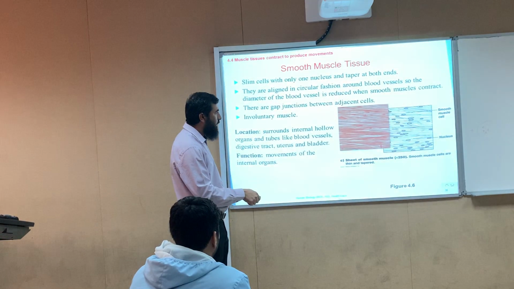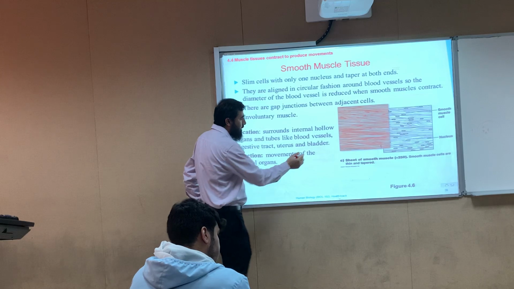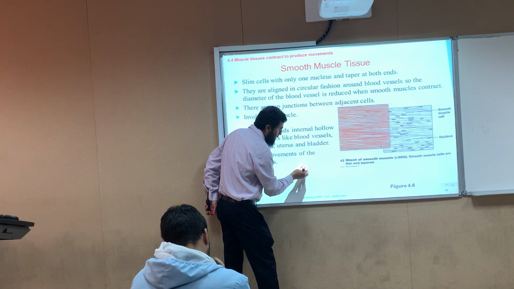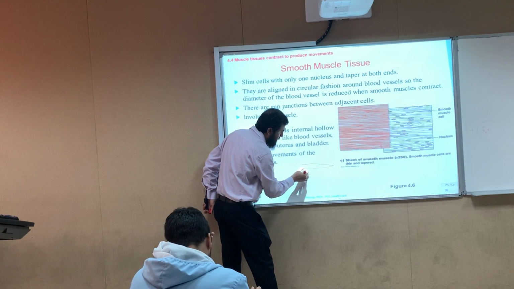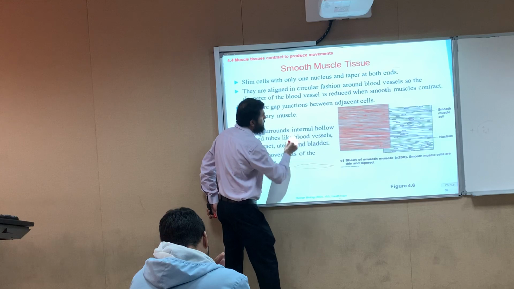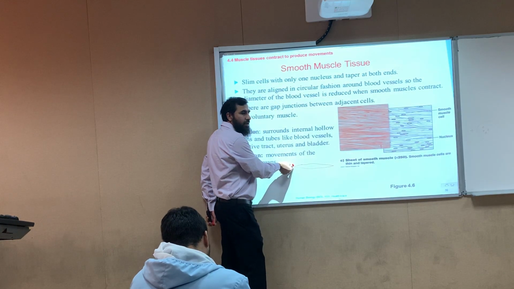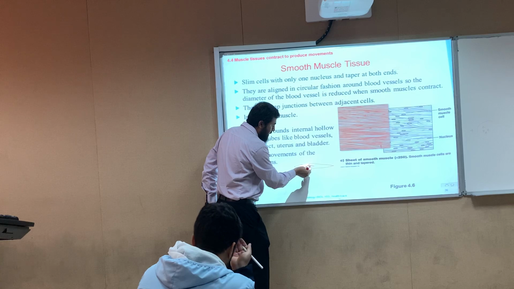It has one nucleus, but the cells here are not branched. They're arranged in a parallel fashion, long cells that taper at the end. They have pointed ends, and each has one nucleus.